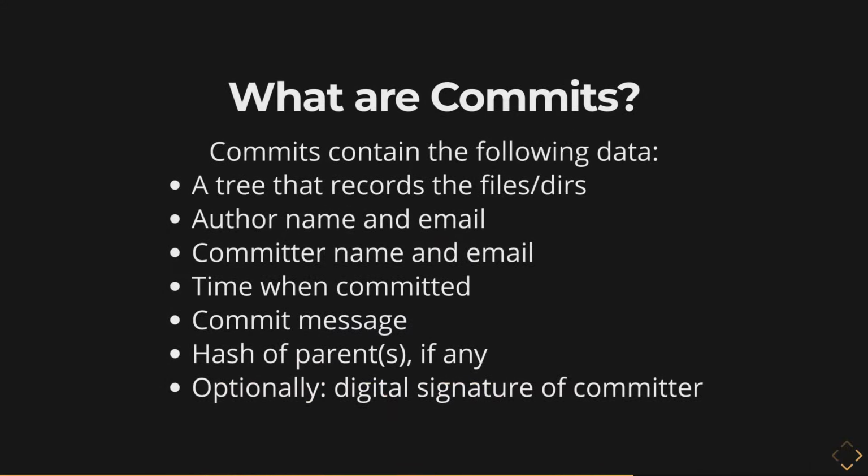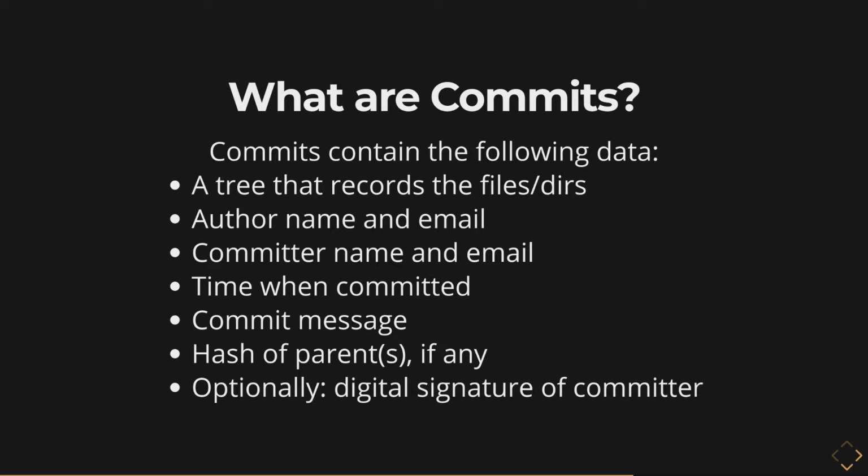That's a commit. A commit contains the following data. It contains a tree. Remember, a tree represents a directory. It represents the top level directory of the working directory. And a tree again refers to blobs, which are the files that exist inside that directory.